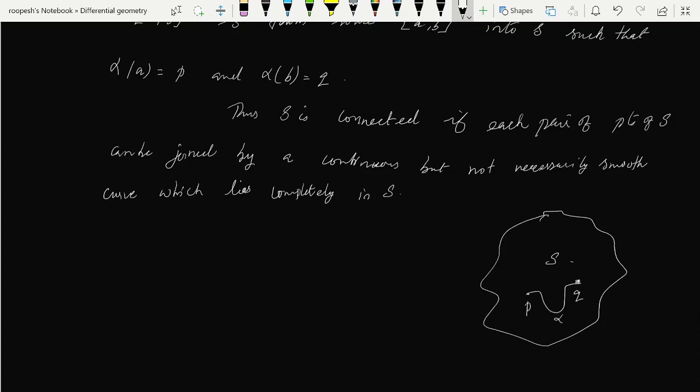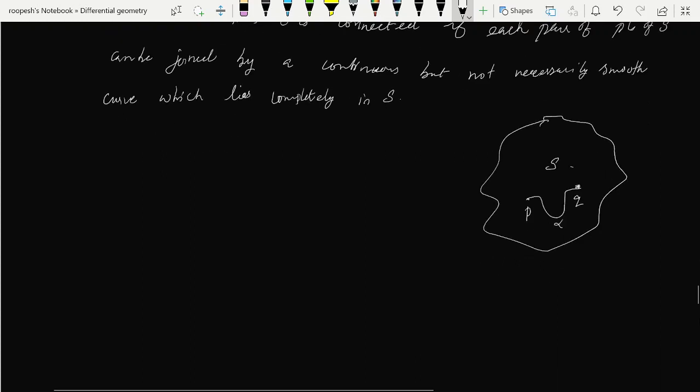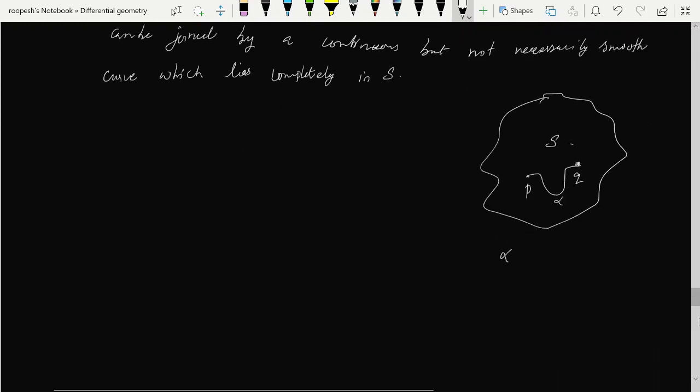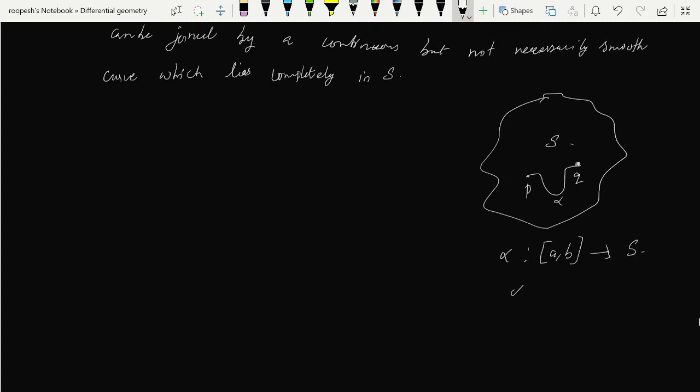Say this is alpha, defined from some closed interval [a, b] to S, such that alpha of a starts from p and ends at q. If such a path exists for every pair of points in S, we will say that the set S is connected. So this is the definition of connected.